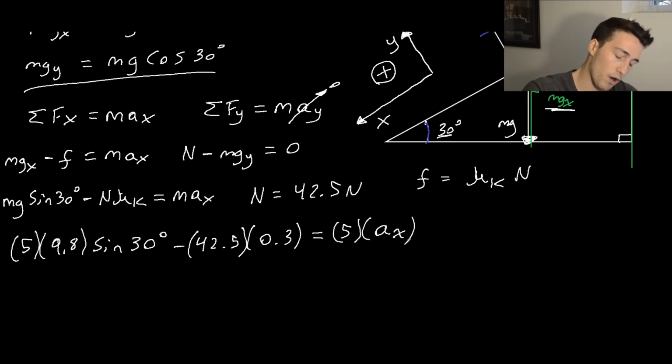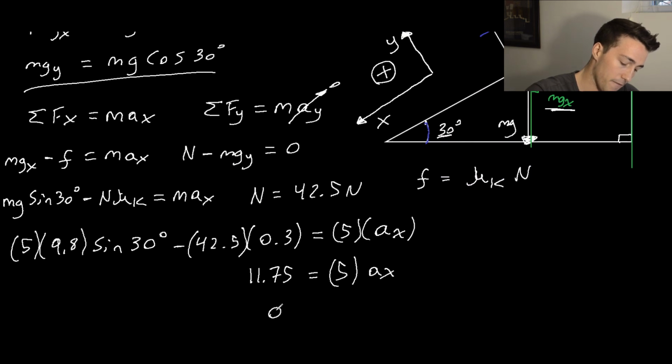So now we only have one unknown and we have one equation, so we can solve. If I do 5 times 9.8 times sine of 30 minus 42.5 times 0.3, then I'm going to get 11.75 is equal to 5 multiplied by acceleration.